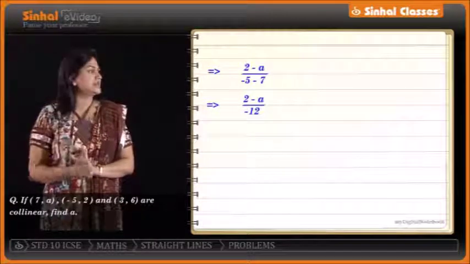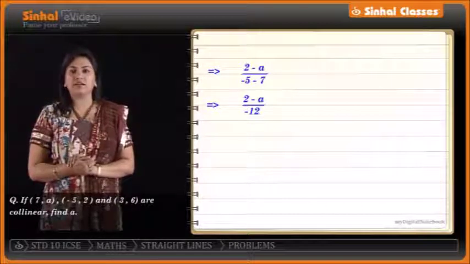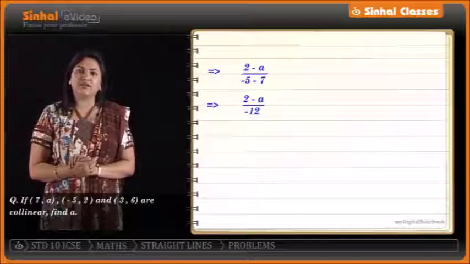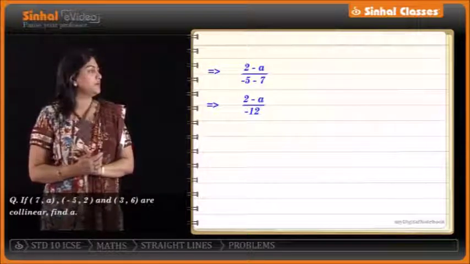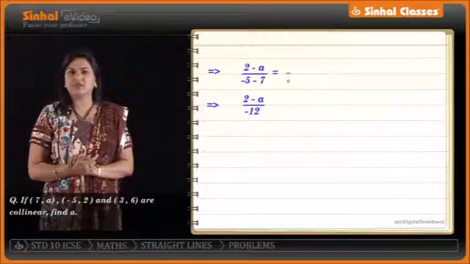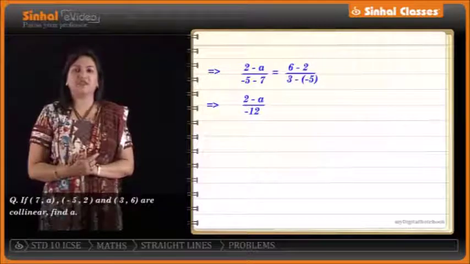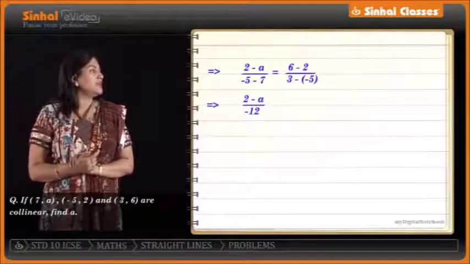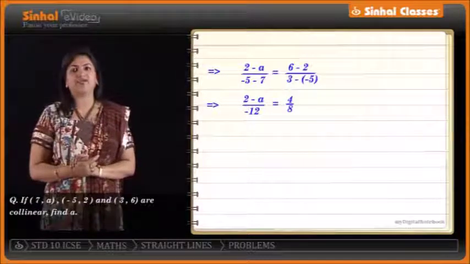Now take the other side, that is slope of BC. We have the coordinates of B as (-5, 2) and coordinates of C as (3, 6). So their slope will be (6 minus 2) upon (3 minus of -5). Simplify: 4 upon 8, which can be further simplified as half.